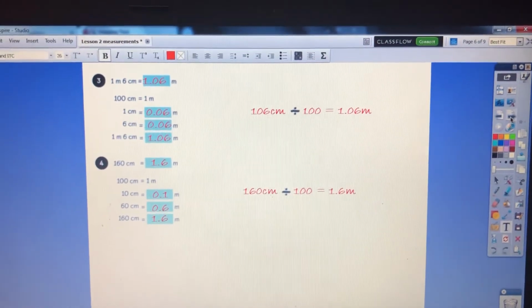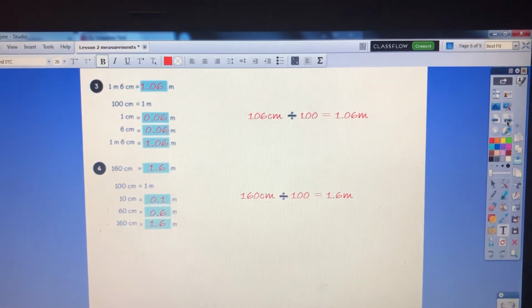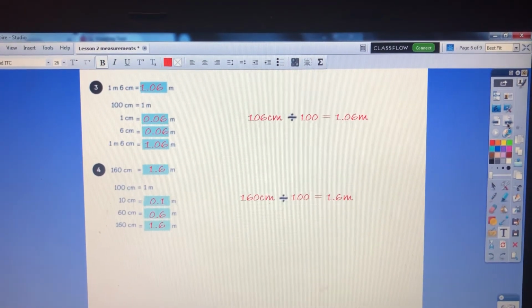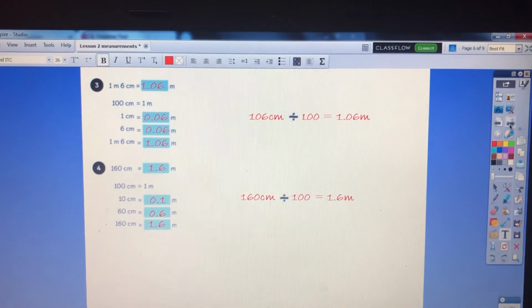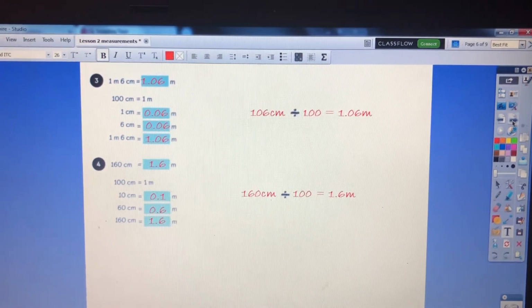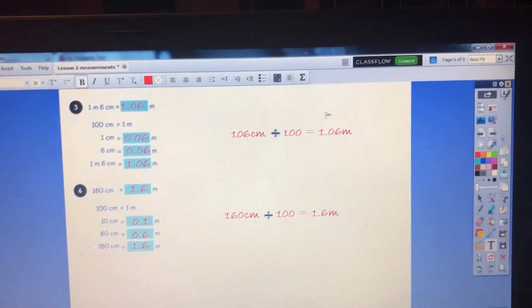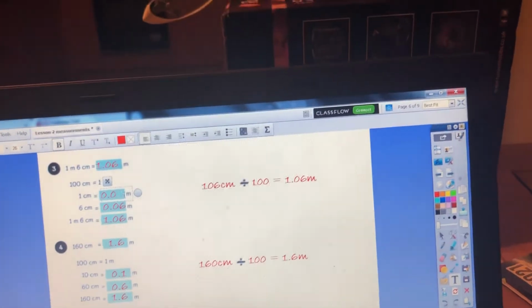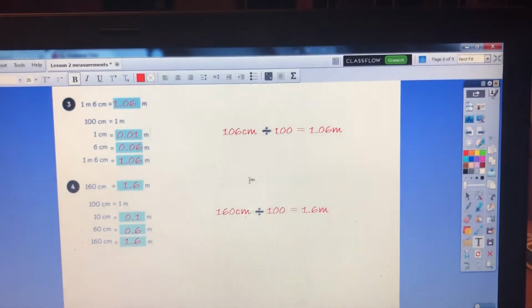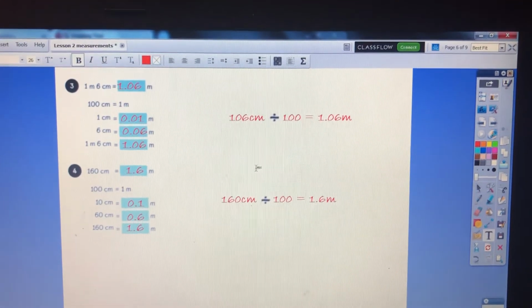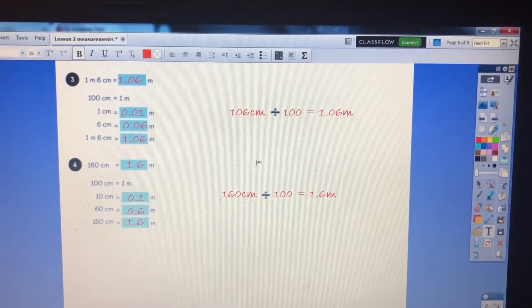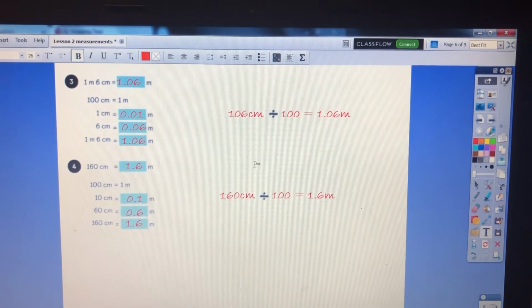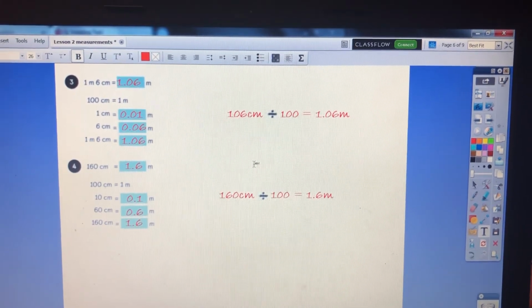The next part of Let's Learn. So we've got here 1 metre and 6 centimetres, and then let's look at the steps we've taken. So 100 centimetres is 1 metre. One centimetre is 0.01 metres. 6 centimetres is 0.06 metres.